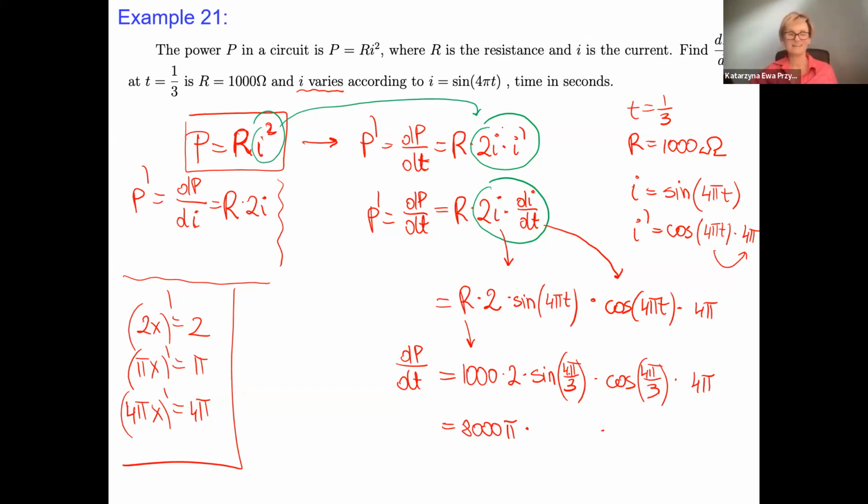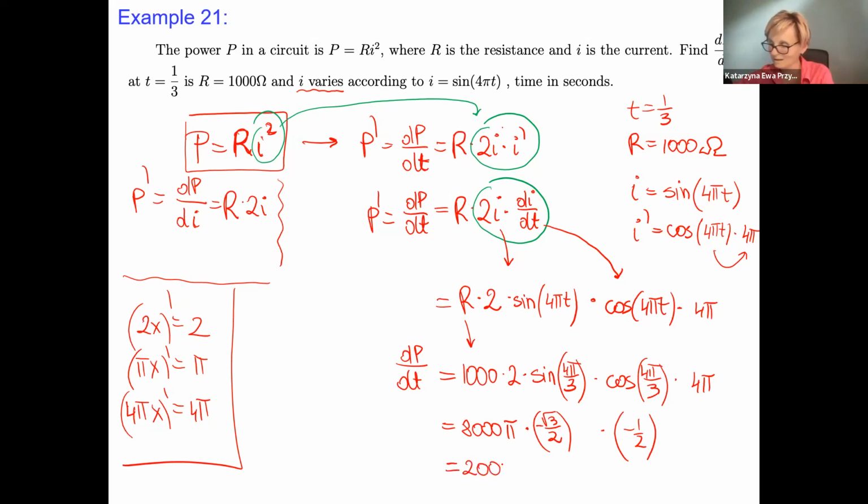That's 60 degrees, but it's 240, third quadrant. This will be square root of 3 over 2, but negative, and this will be 1/2, but negative. Am I right? I hope. 2 times 2, 4, that means this will be 2,000.